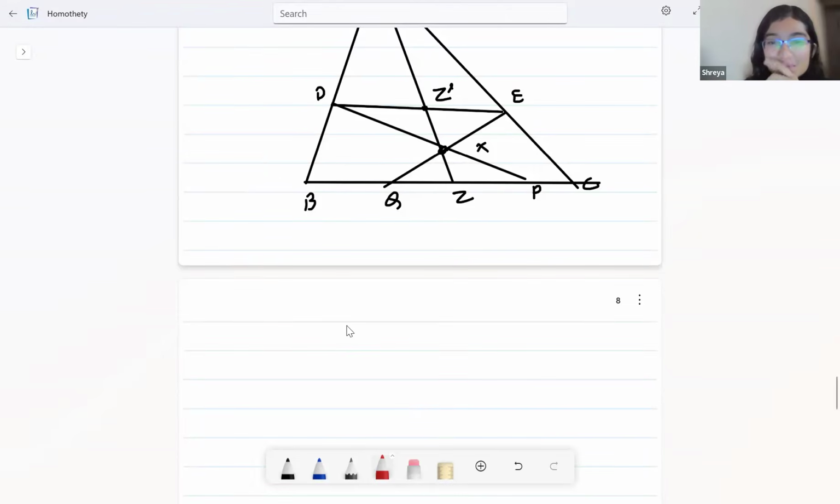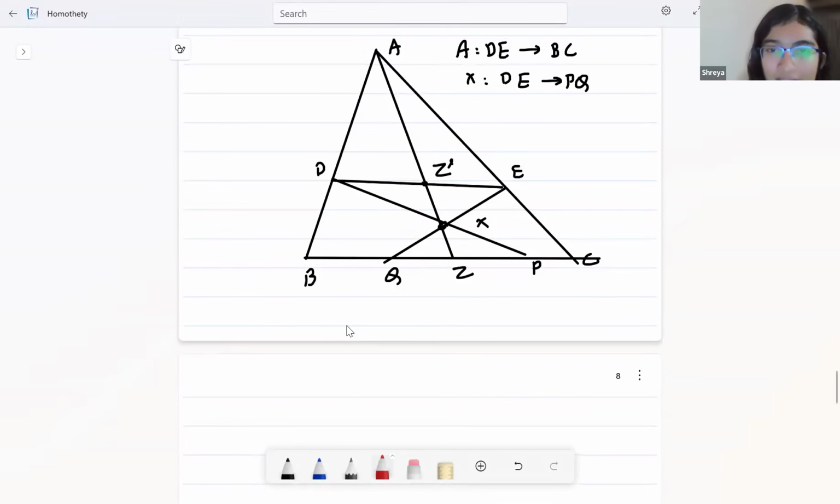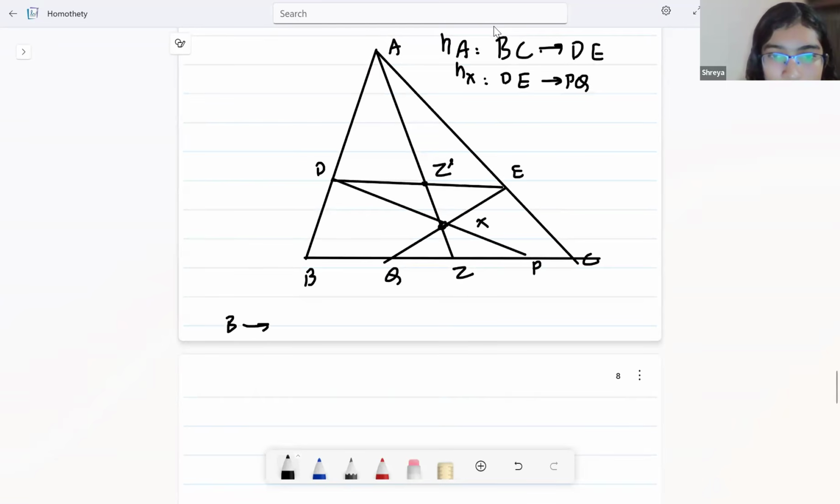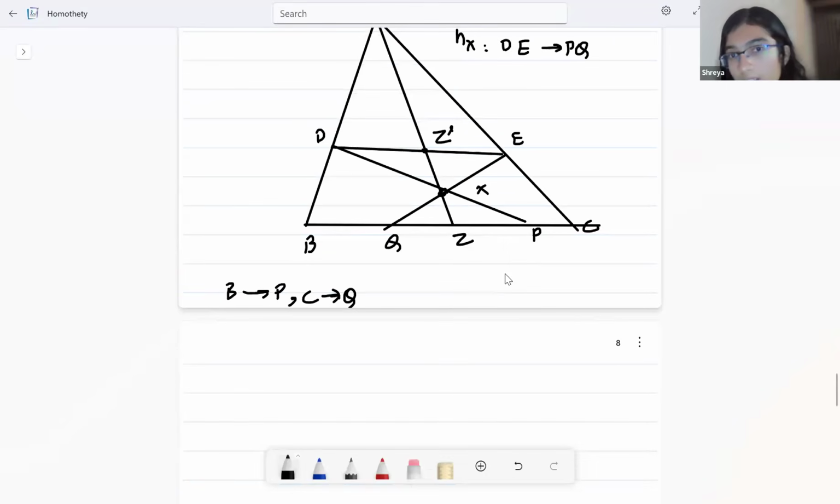Yeah, fair enough. Okay, so the idea is that any one of these individually will not do the job. We need to compose these two homotheties. So we have HA and HX, let's say. HA sends BC to D. So then B goes to P and then C goes to Q. So the line BC is preserved.